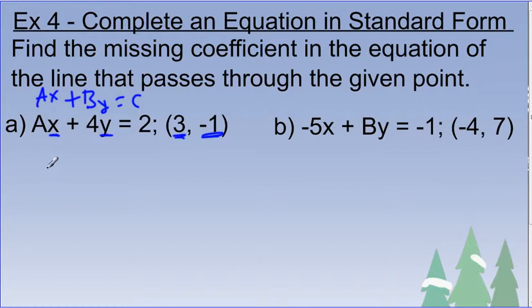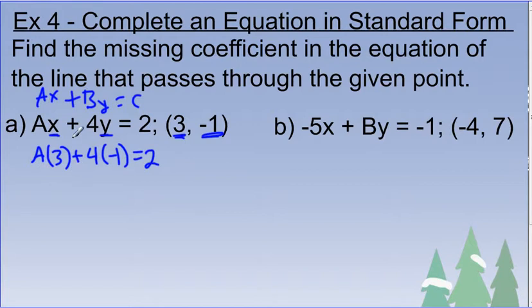So let's do that. So we're going to have ax plus by equals c. Oopsie, why did I put c to 2? So we plugged in the x value, we plugged in the y value, all the other numbers stay the same. Now look at this. We have an equation with 1 variable.